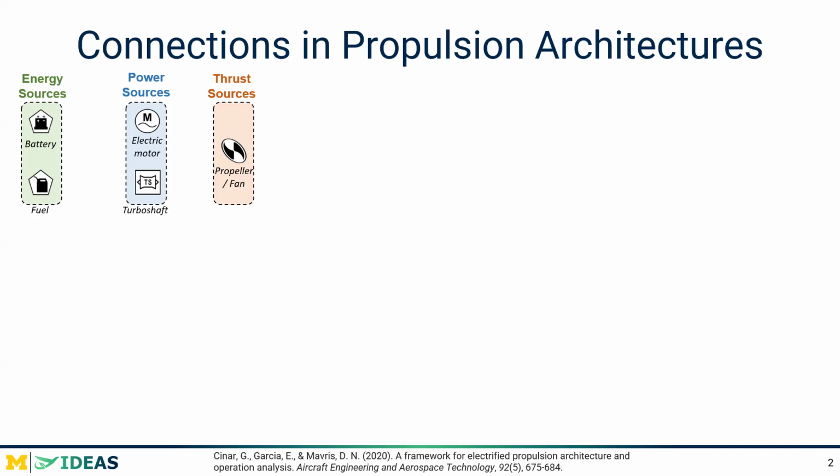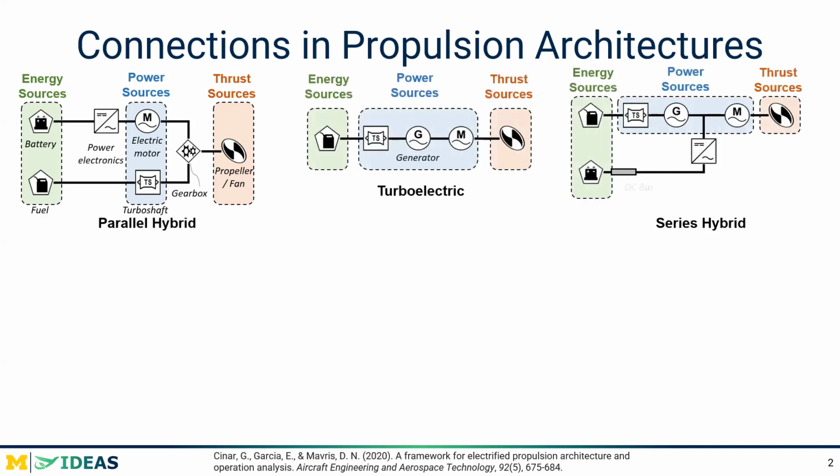So let's look at a few more propulsion architectures now. You'll notice that all of the components can be grouped into energy sources, power sources, and thrust sources. In the parallel hybrid example here, we have the battery connecting to an electric motor, so we're converting chemical to mechanical.